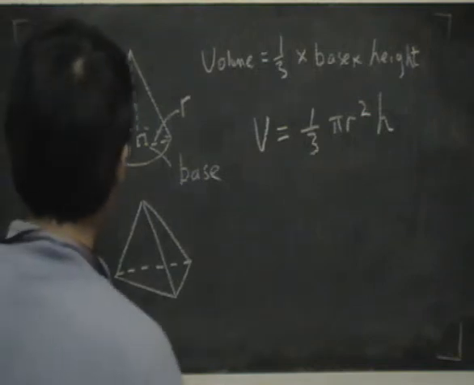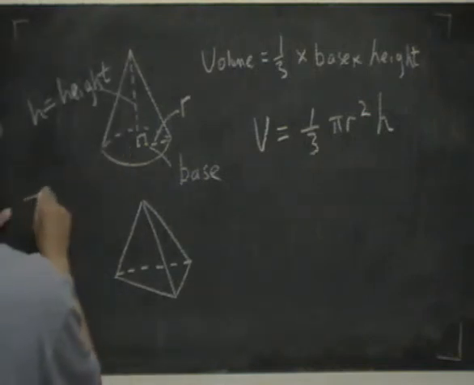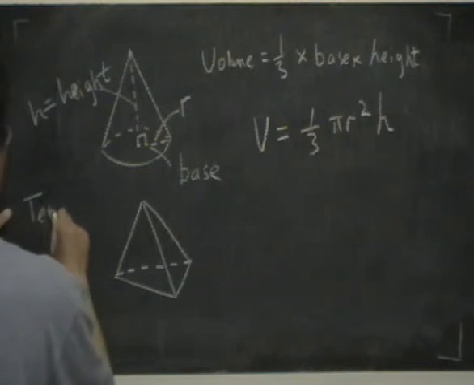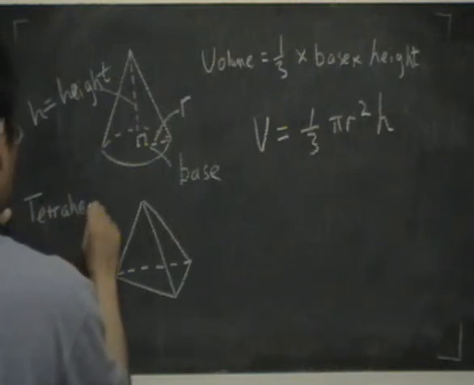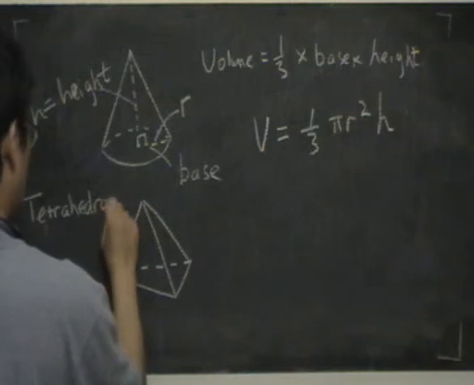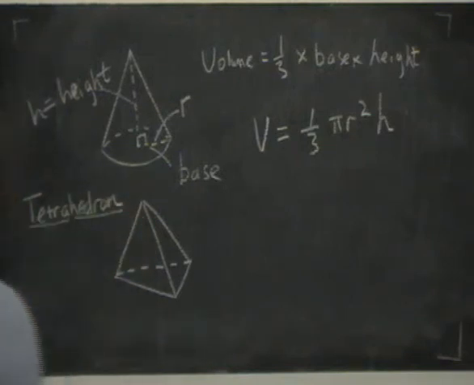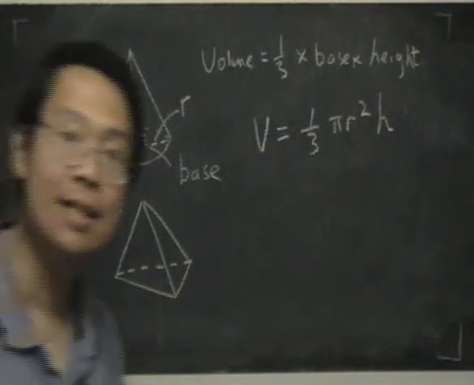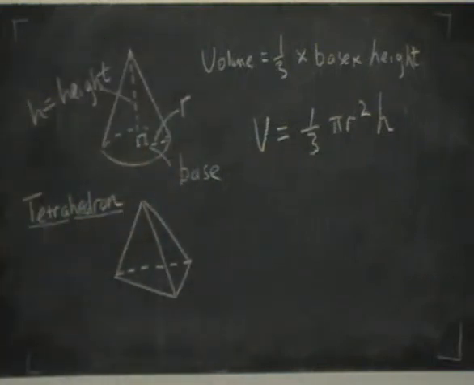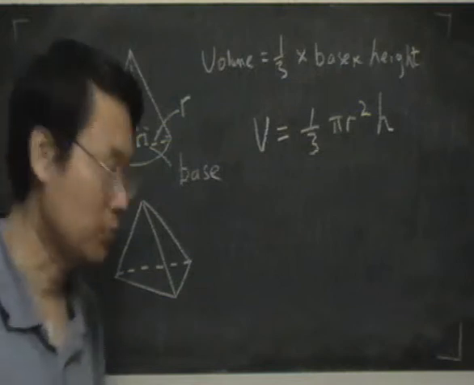Let me spell that. So tetrahedron. Tetrahedron. Right. So how do we find the volume of this?